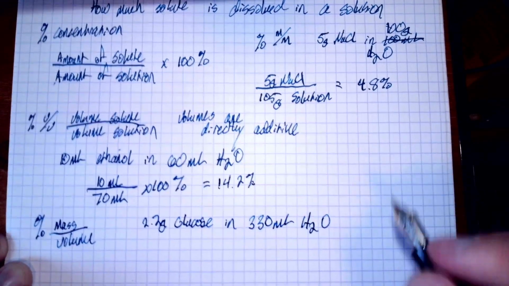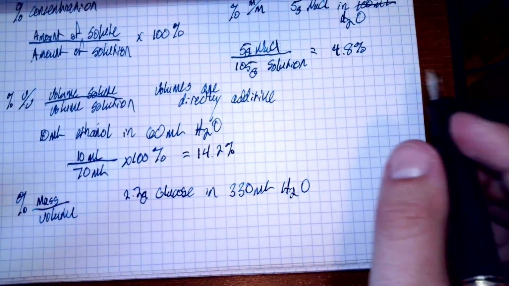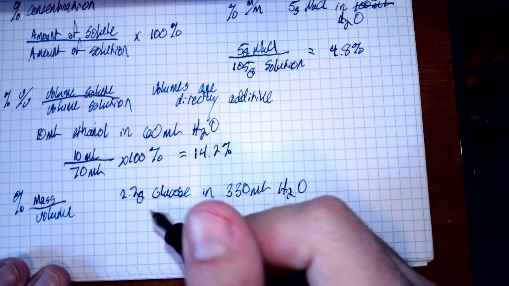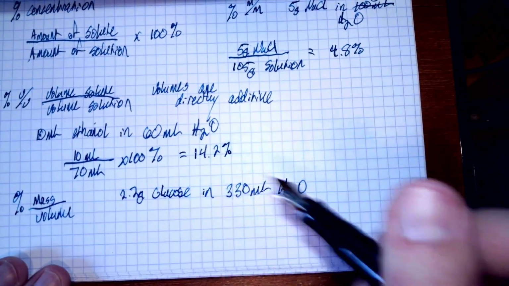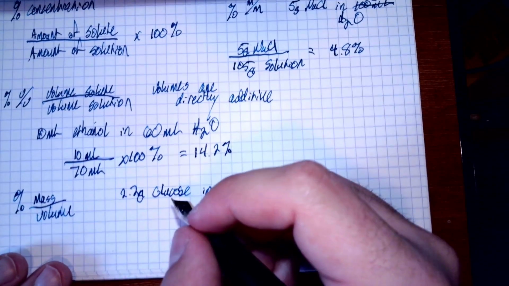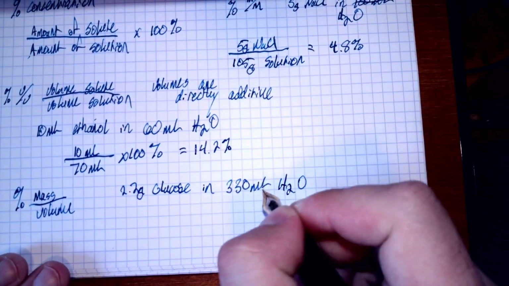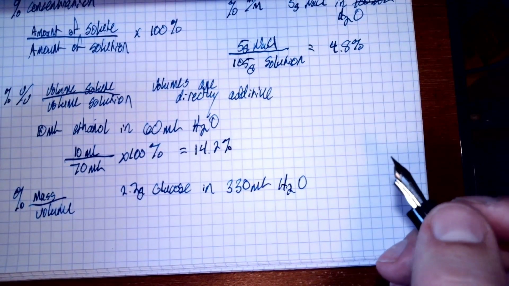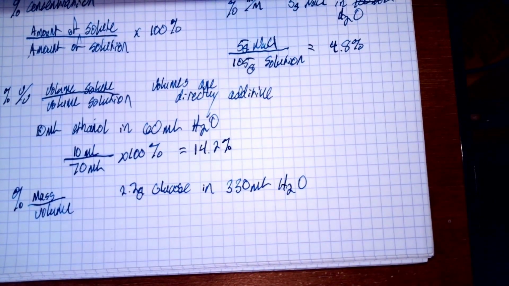Now, I am going to go ahead and tell you this is not strictly 100% true, but for anything we do in here, we need grams for our mass and we need milliliters for our volume. Okay. Now, what effect does dissolving this have on the volume? Well, truth be told, dissolving a solute in a solvent does affect the volume, but we can't predict how much that is.